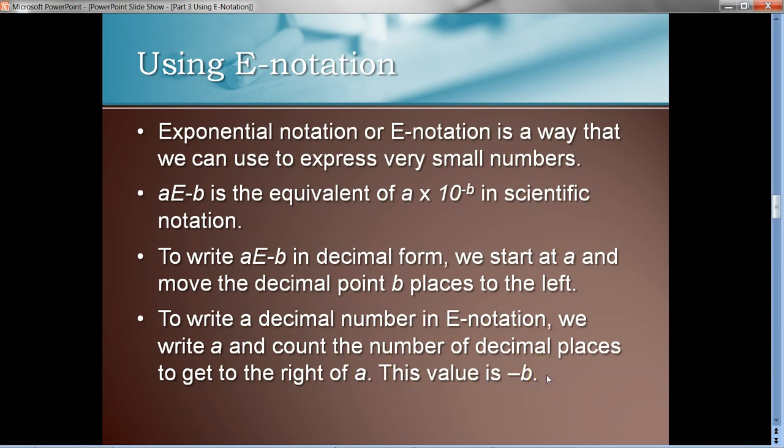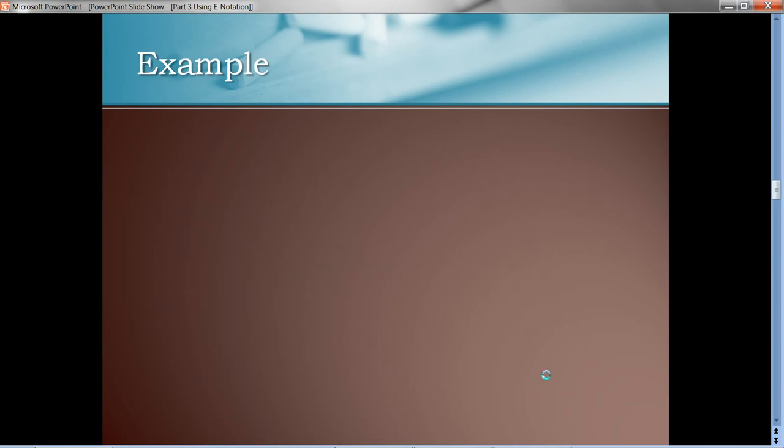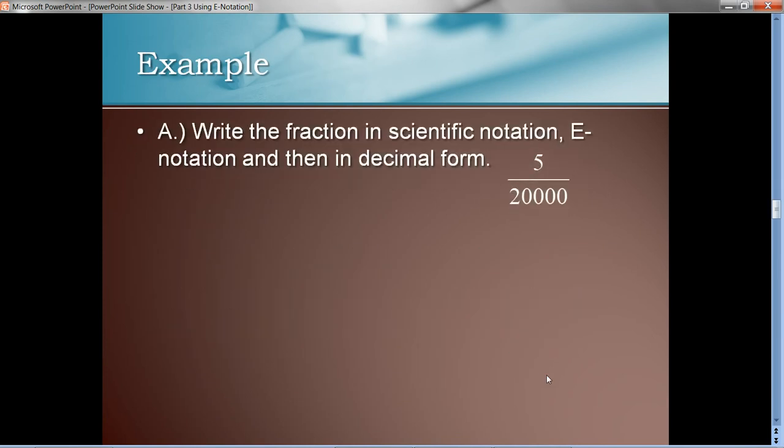Let's see how this works and how our calculator can help, because this is something students get confused about.